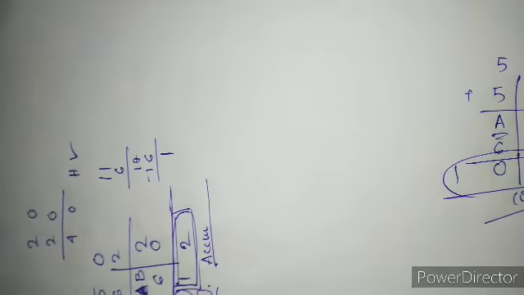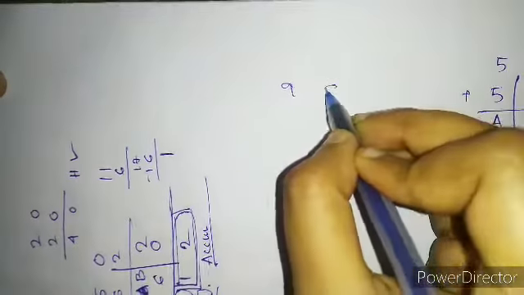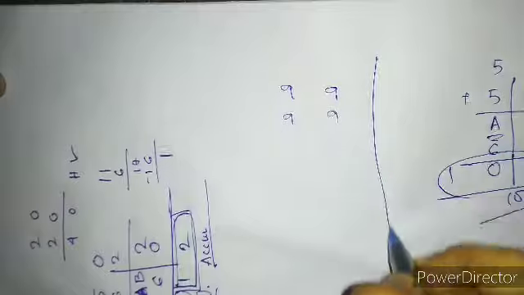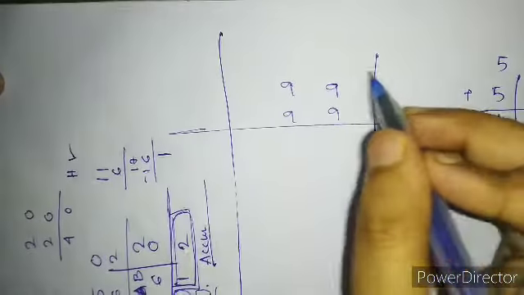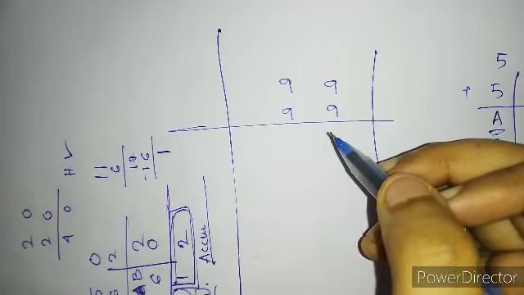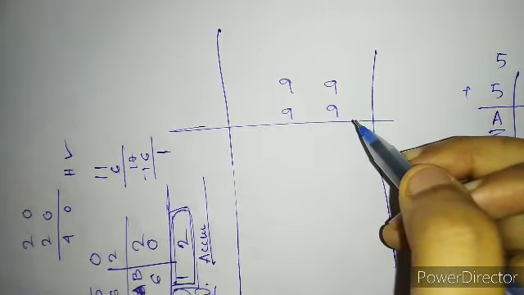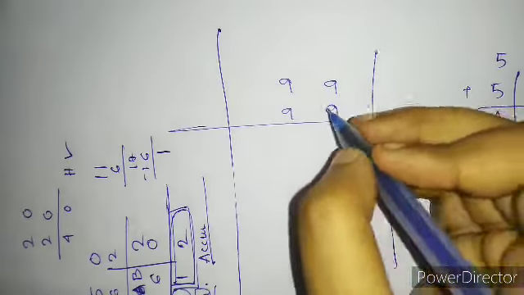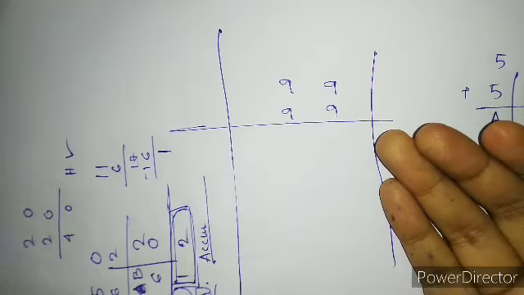The last example. 9999. Why? Because this is the largest decimal number, and we have to operate on decimal numbers only. Obviously I've told you that in DA, only decimal numbers are allowed.